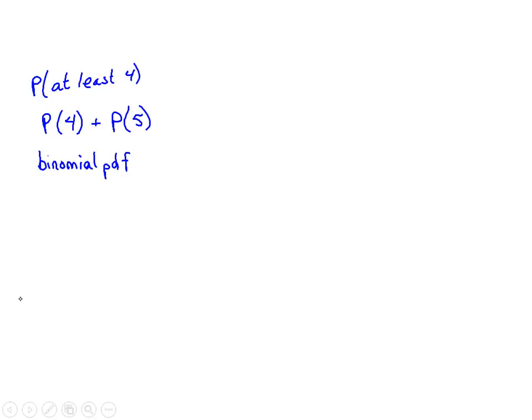This is the binomial probability distribution function is what that stands for. Remember, the order you're putting those in is n, p, x.